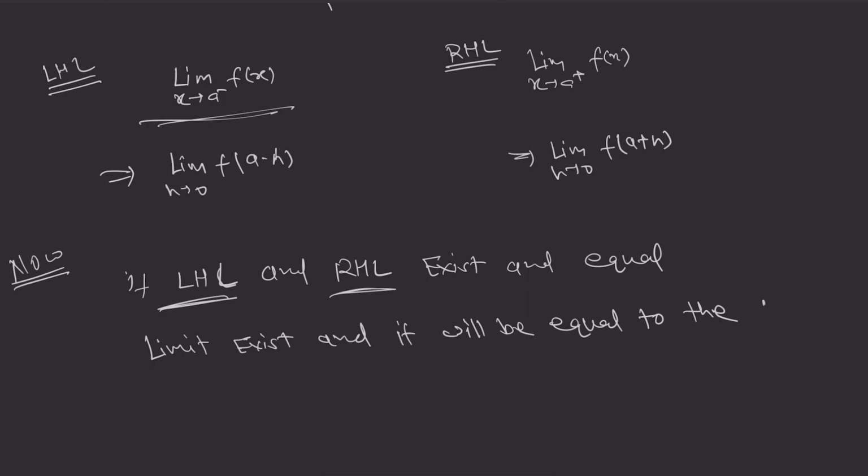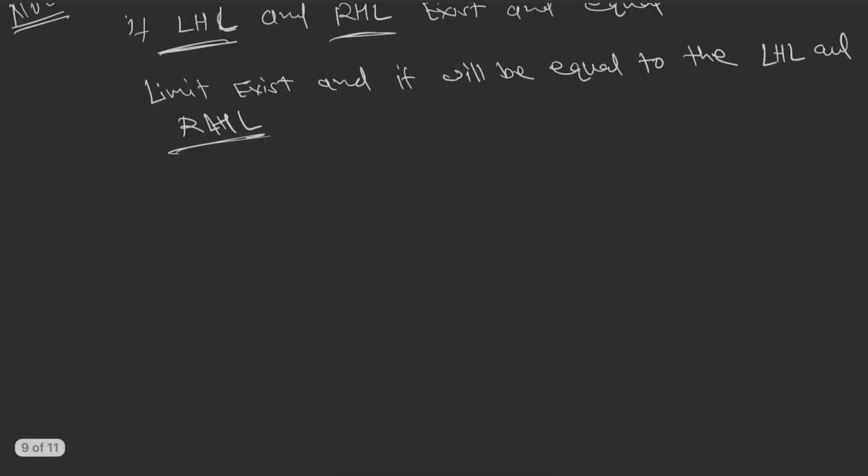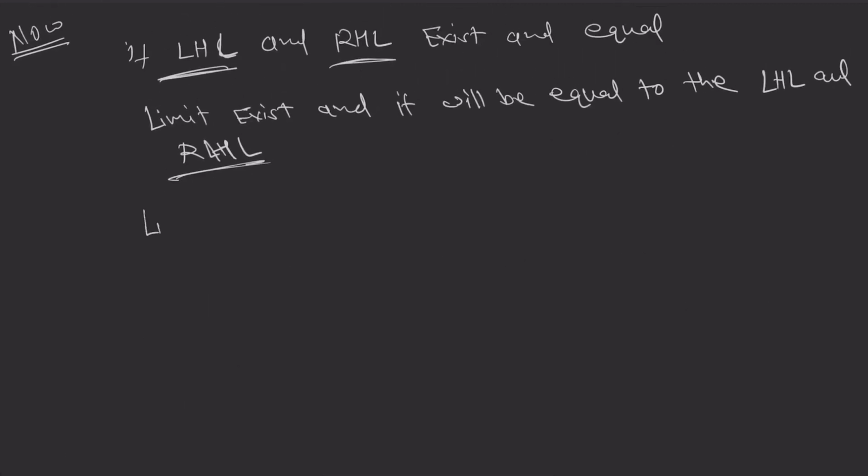How do we write it? Limit x tends to A of f(x) will be equal to L if limit x tends to A minus f(x) equals the limit x tends to A plus f(x) equals L.